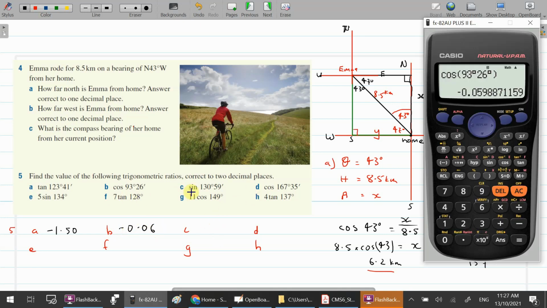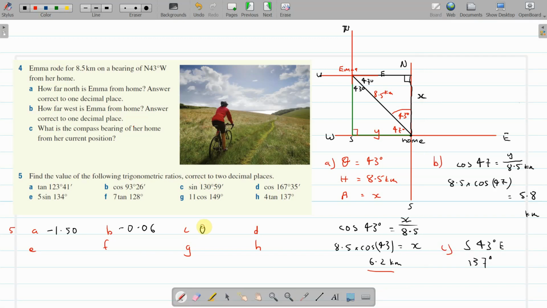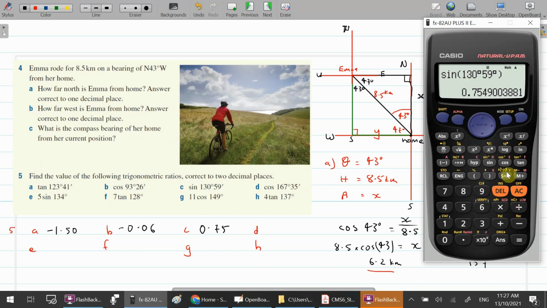Okay, C, sine of 130 degrees, 59 minutes, 0.75. D, cos of 167 degrees, 35 minutes. Negative 0.98.